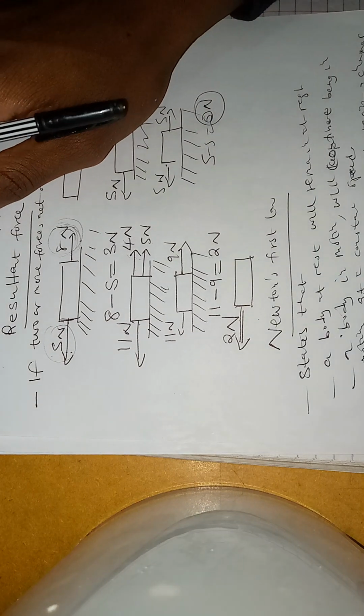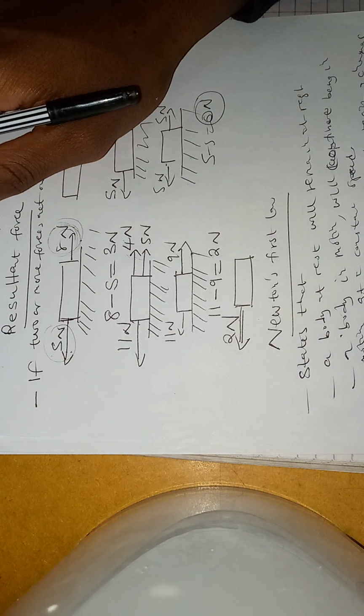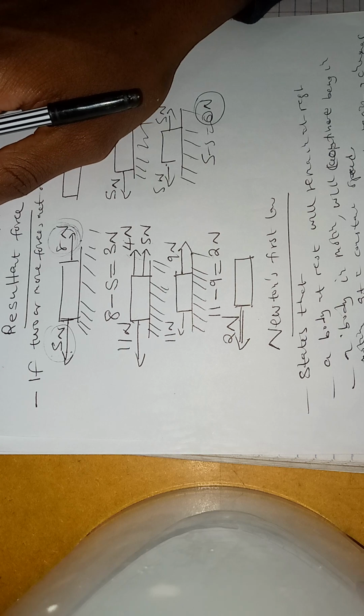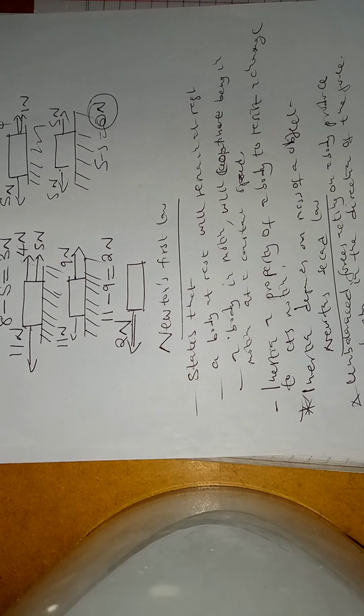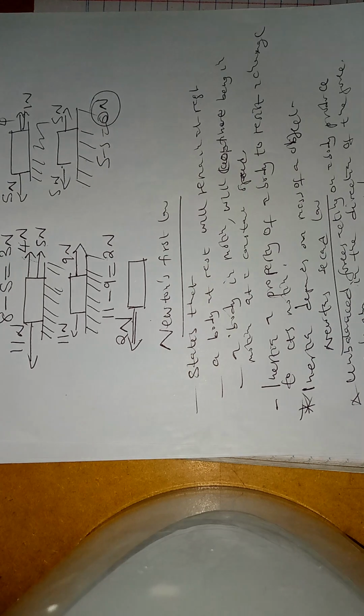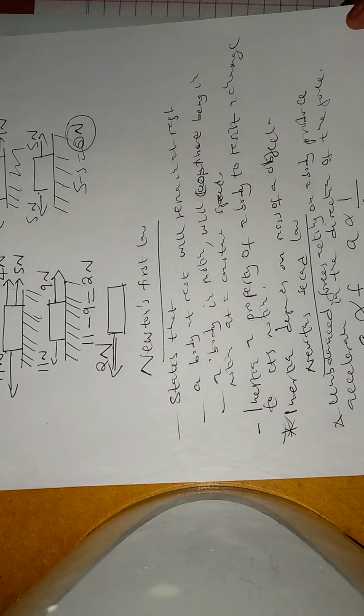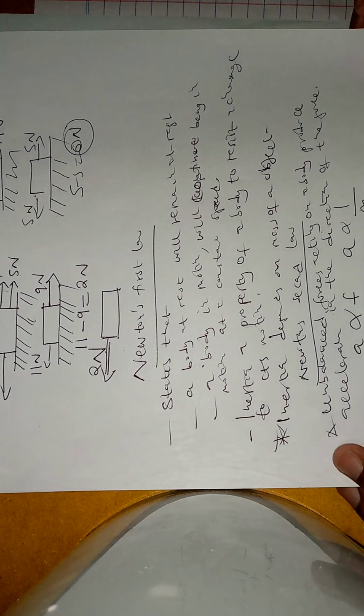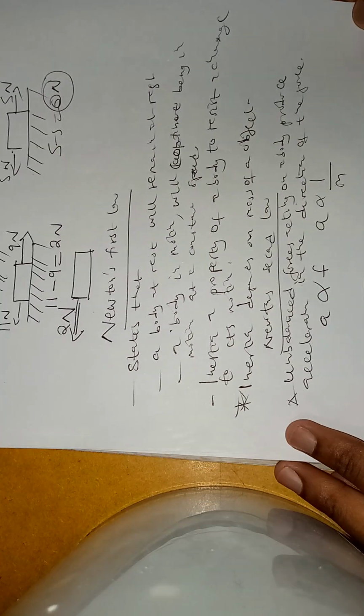So what are we trying to say here? How do we explain this statement? What this statement means is that acceleration is directly proportional to the force, and acceleration is inversely proportional to the mass.